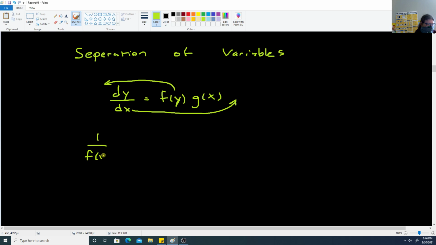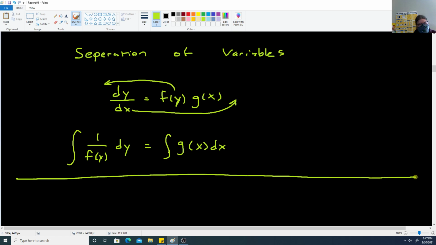And we get 1 over f of y dy equals g of x dx. Now we have only y stuff on this side and only x stuff on that side, so we can take the integral of both sides. This is basically the process of separation of variables.